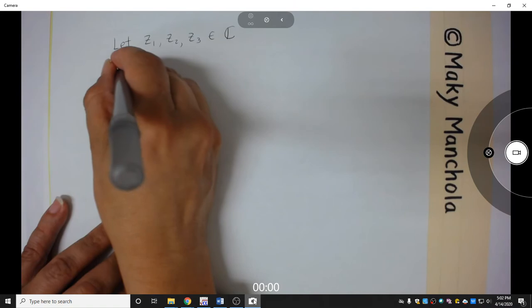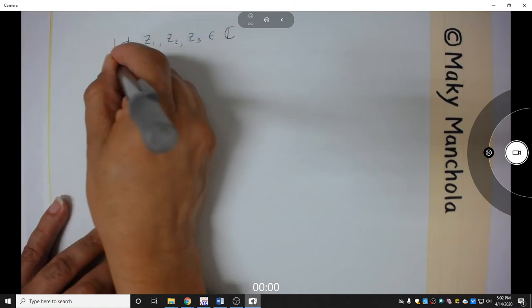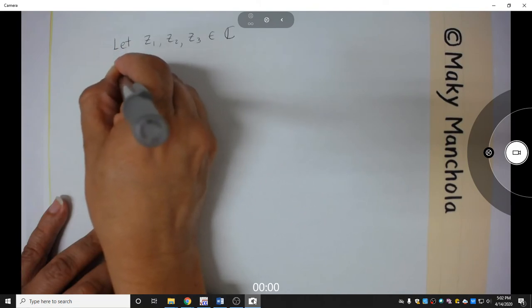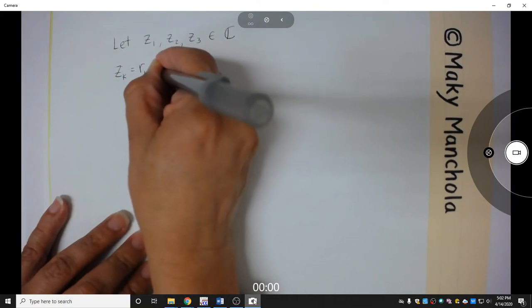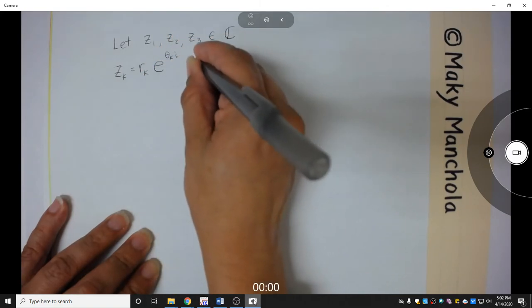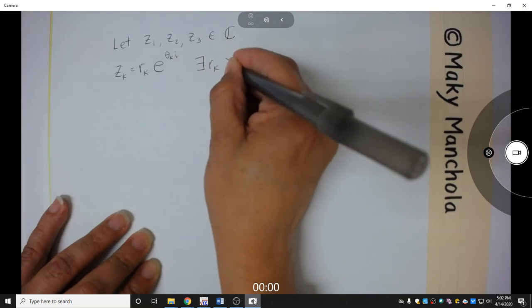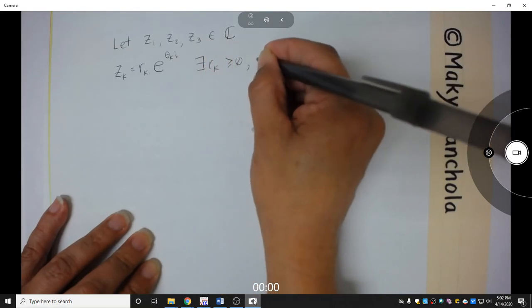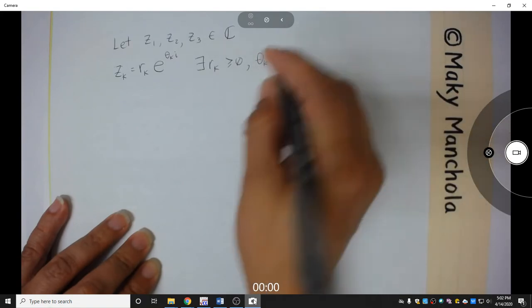Let's write them in polar form. So zk equals rk e to the theta k i for some rk greater than or equal to 0, theta k real.